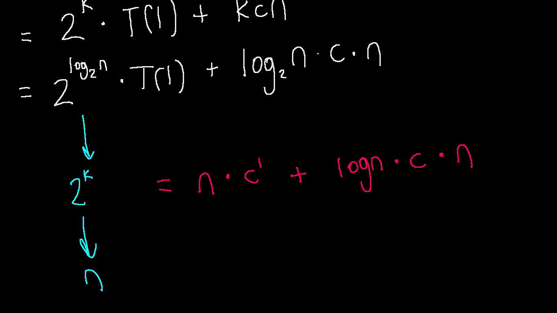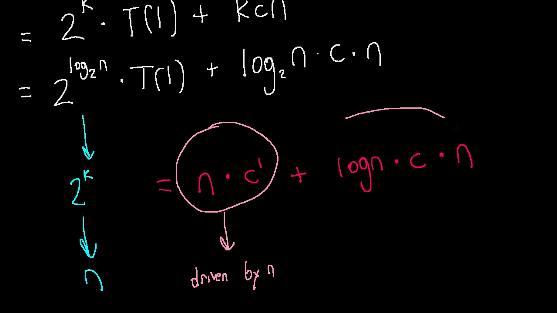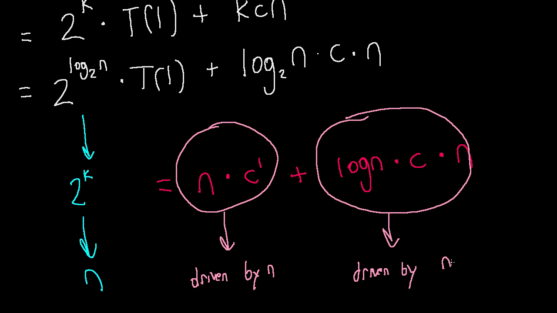Let's get another color here. Essentially, this part of the equation is being driven by n, and this part of the equation over here is being driven by n log n. So which one of these is going to be bigger?